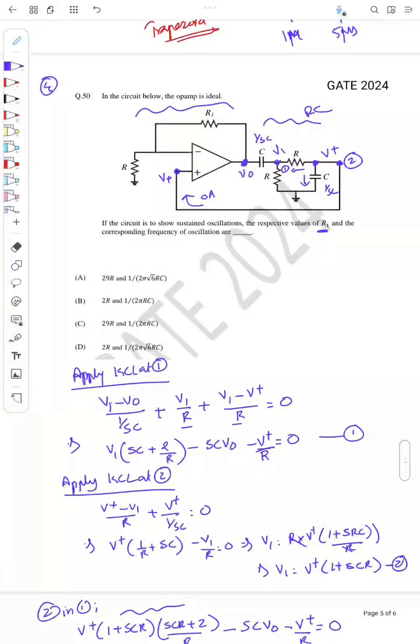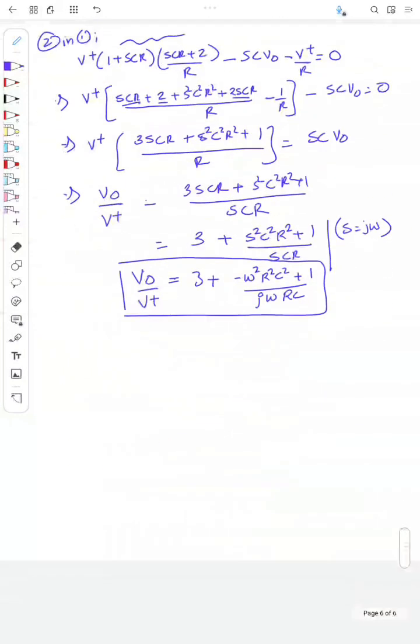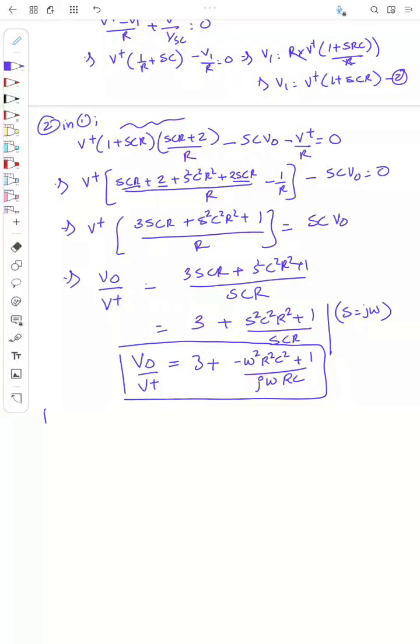Okay, but if we see this circuit, it's a non-inverting amplifier, right? And input is V plus. So what will be V naught? V naught will be equal to V input V plus into 1 plus R1 by R, right? So I can write this from non-inverting configuration, right?